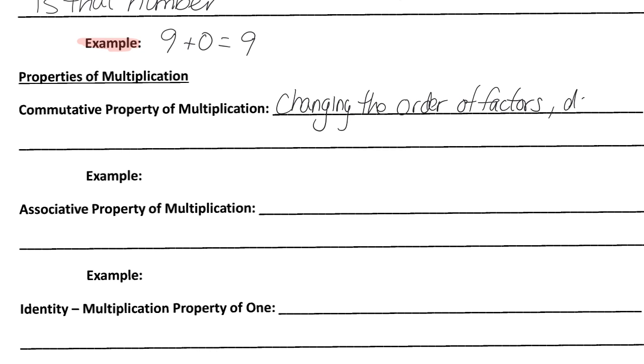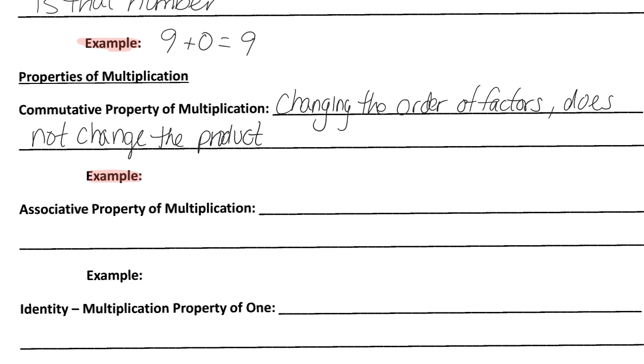It does not change the product. Okay, so commutative order, associative grouping. Okay, so that's going to be important to remember.